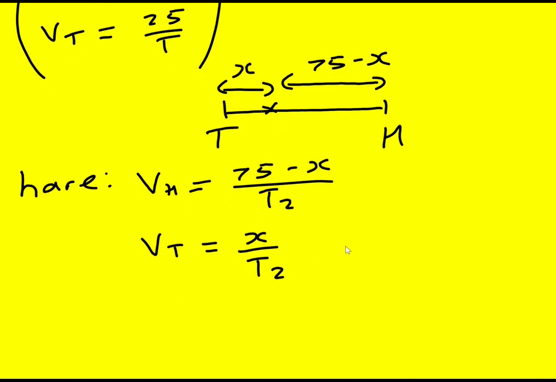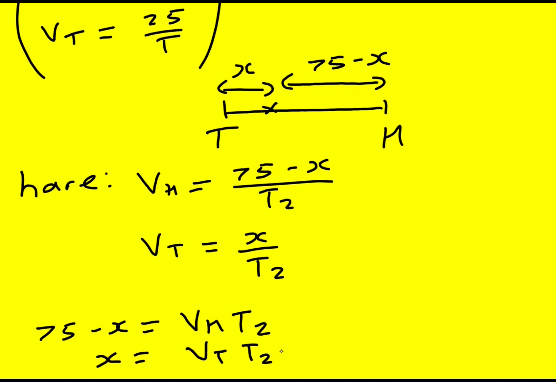Now that means that 75 minus X is going to be the velocity of the hare times T2, and X is going to be the velocity of the tortoise times T2.